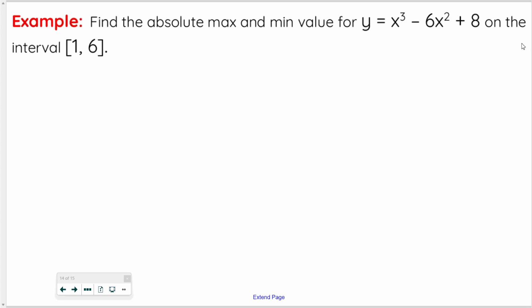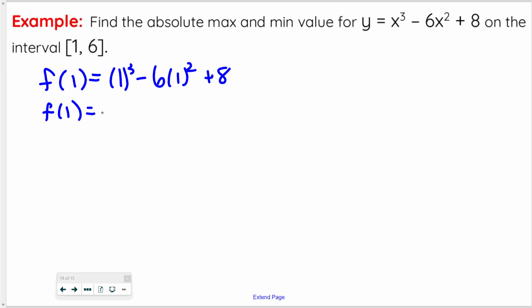I want to find the absolute max and min for these values on this interval. So the very first thing I'm going to do is evaluate at 1. So I'm going to have 1 cubed minus 6 times 1 squared plus 8. At our endpoint of 1, I'm going to have 1 take away 6 plus 8, so that is going to be 3. Now I'm going to do the same thing for my other endpoint of 6.